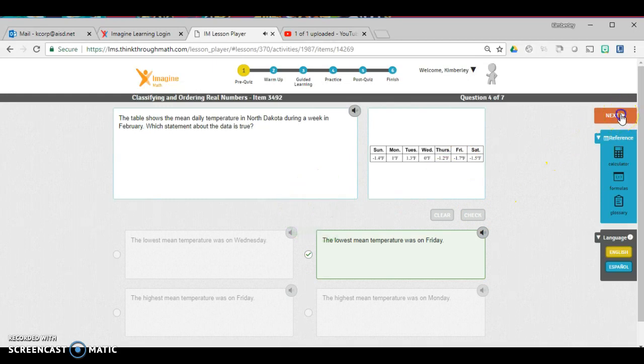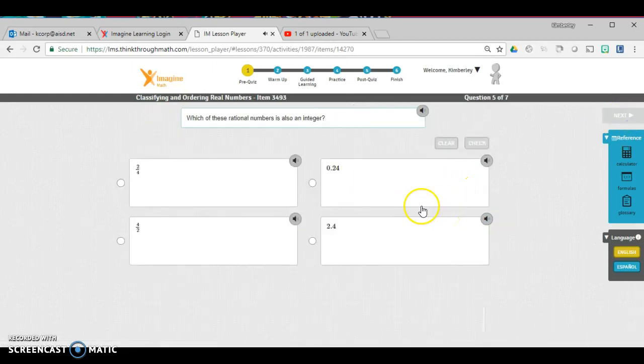All right, got one right. So an integer, right? I know rational and integer. Integer means whole number. I know 4 over 2 reduces.